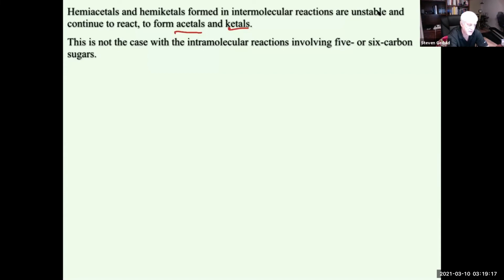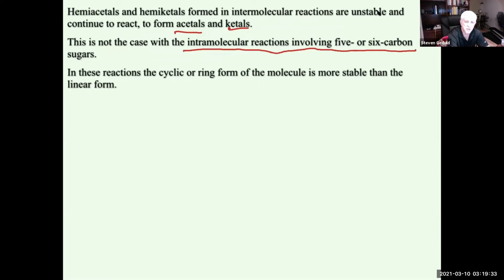Okay. Yeah. Okay, cool. So with intramolecular reactions involving 5 or 6 carbon rings, then you form sugars, and that forms a stable compound. So it doesn't proceed back to an acetal or ketal. These reactions, the cyclical ring form, is more stable than the linear form.